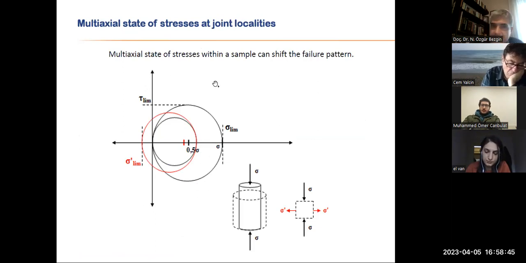The multi-axial state of stresses, which happens at these connections, can shift the failure pattern. When we apply a force in one direction, it doesn't mean that it's not going to respond in the other direction. Poisson's ratio, for example, is the fundamental relationship. So by manipulating the amount of confinement that we have, we can actually extract more strength from our design just by the manipulation of contractions.